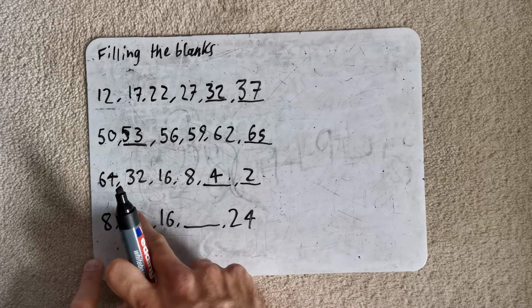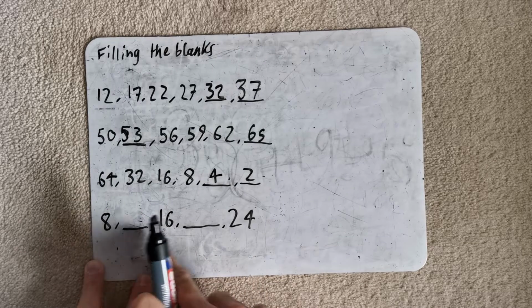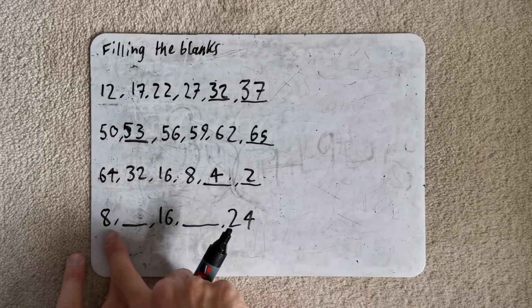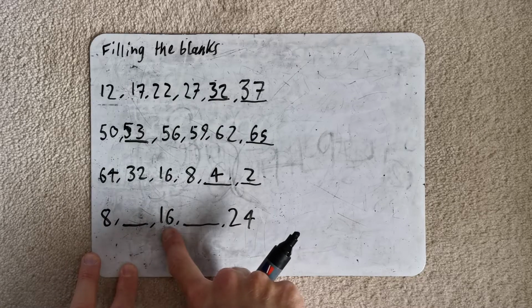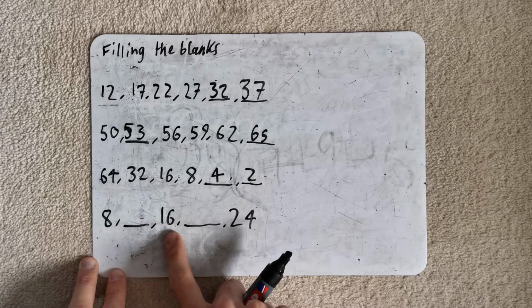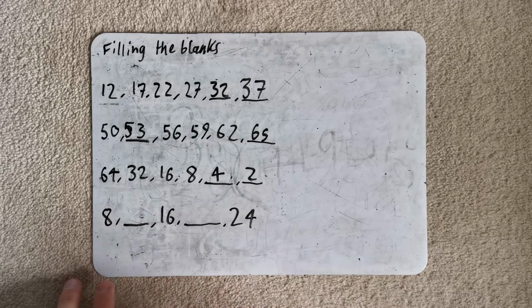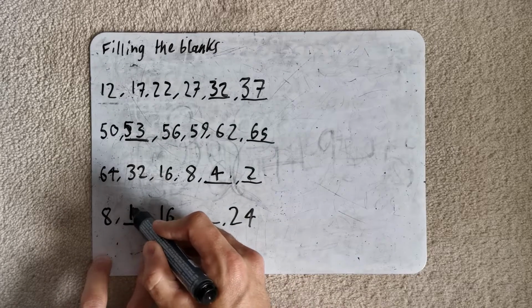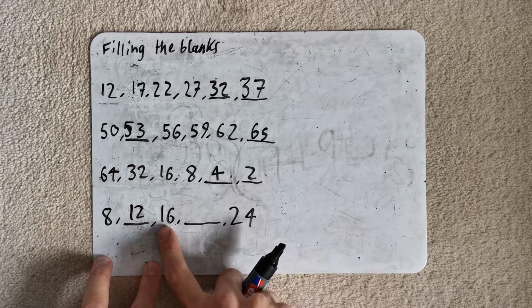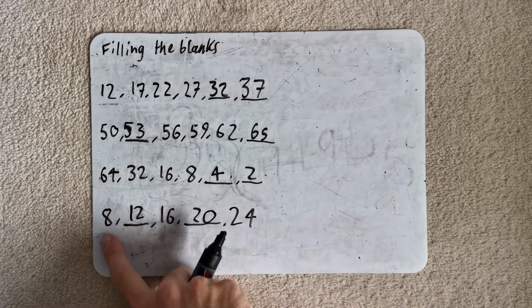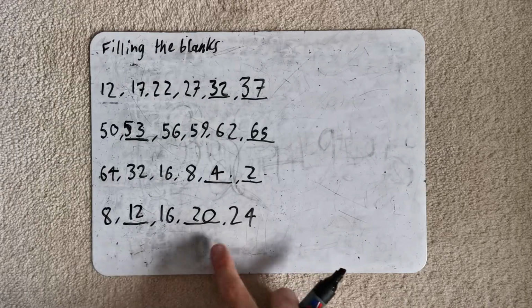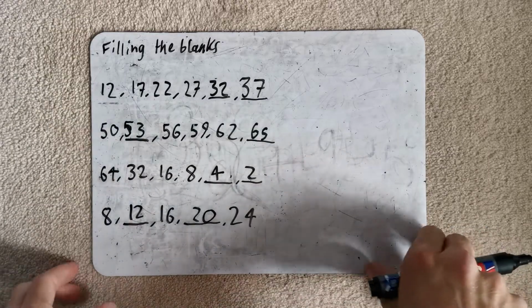We want to find something that's exactly halfway between 8 and 16. So what's halfway of going up by 8? Halfway of going up by 8 is going up by 4, isn't it? So if we go up by 4, that'll be 12. And the pattern continues. If we go up by 4 again, that's going to be 20. Up by 4, up by 4, up by 4, up by 4. Well done. That works. Okay, over to you again.